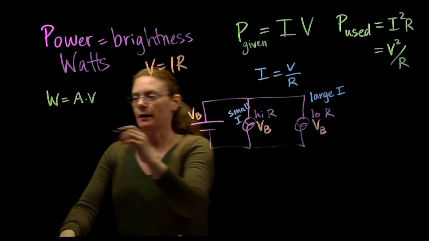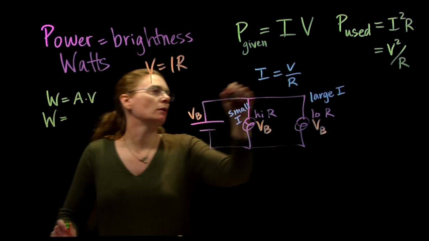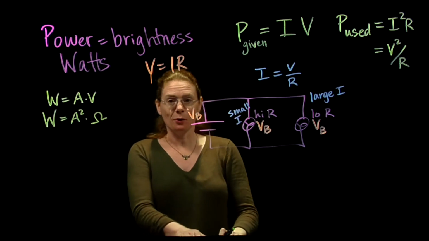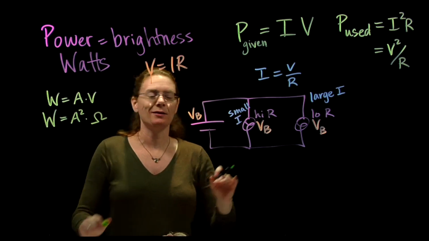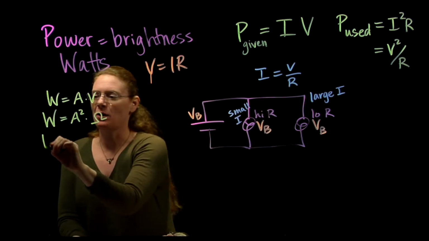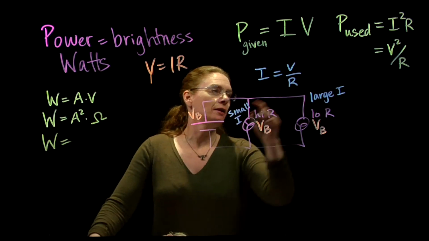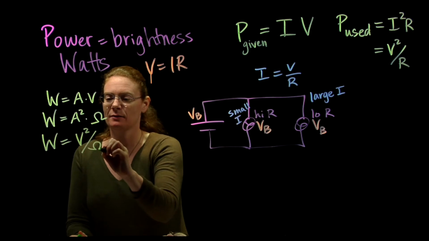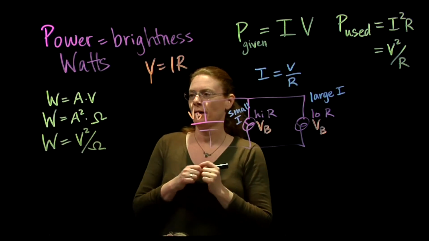Let's do this one. A watt would equal current squared, amps squared, times the resistance, ohms. So that is also a definition for what a watt is. Third one, a watt is V squared, so volts squared, divided by the resistance, volts squared over ohms.